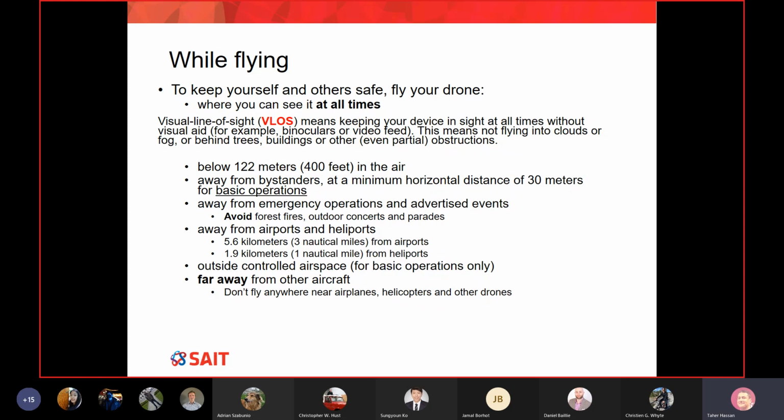As we said, if you are using basic operation, you have to be outside a circle of 5.6 kilometers for airports and 1.9 kilometers for heliports. Outside controlled airspace, and I'm referring to the basic operation. So these conditions are for basic operation. Now, finally, you have to be away from any other drone. So if there is a drone already in the air, you need to be away from these other drones. Okay.